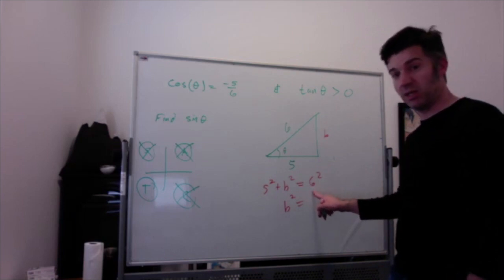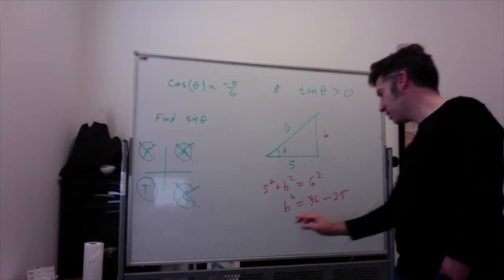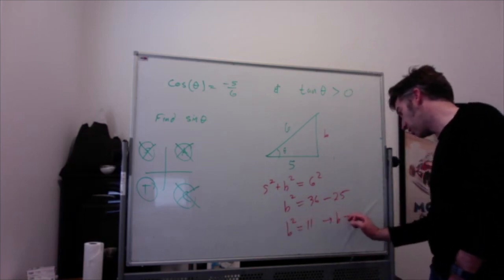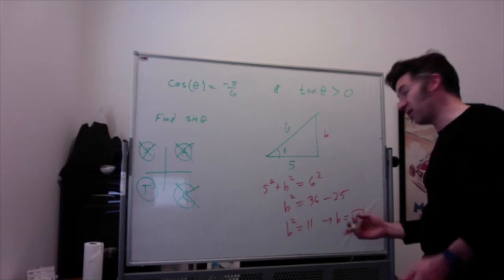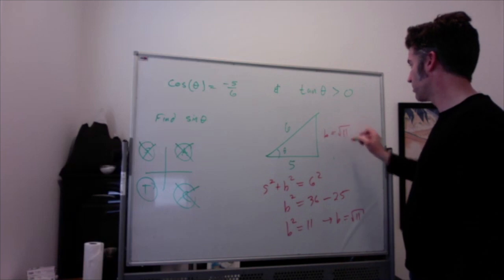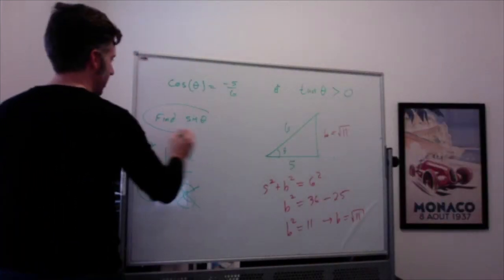Sorry, 6 squared is 36, minus 5 squared is 25. So b squared is 11. So b is the square root of 11. There's nothing else we can do about that. It's just the square root of 11.